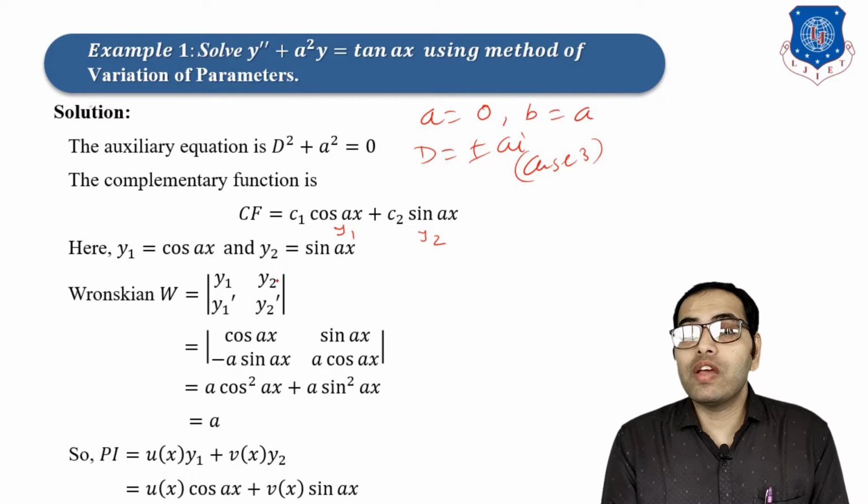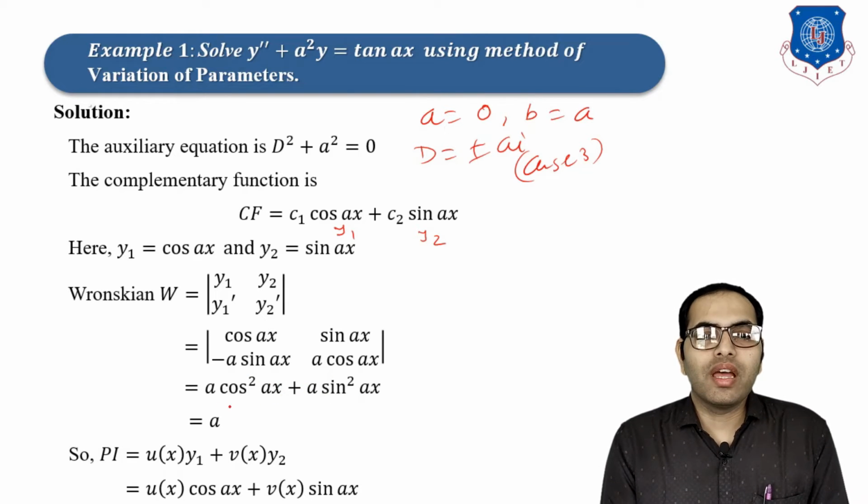Then we require the Wronskian W, the determinant with first row y1, y2, and second row y1 dash, y2 dash: cos ax, sin ax, the derivative of cos, that is minus a sin ax, and the derivative of sin, which is a cos ax. Expanding this determinant, a cos square ax plus a sin square ax, a is common, cos square plus sin square is 1, so the Wronskian is not equal to 0.